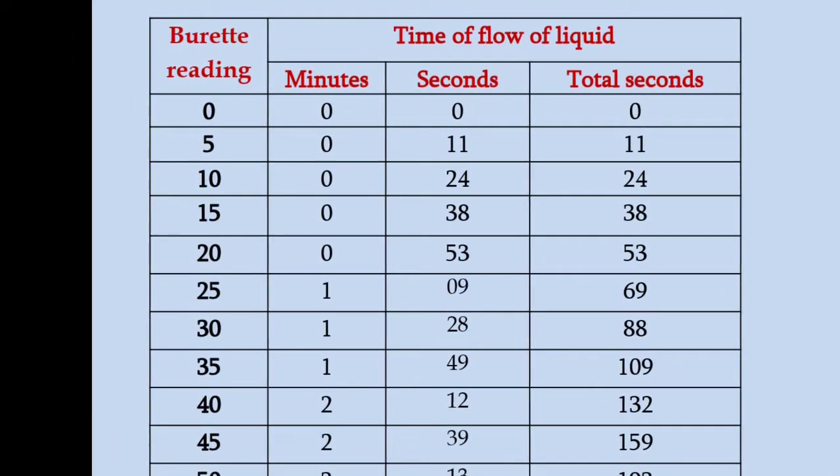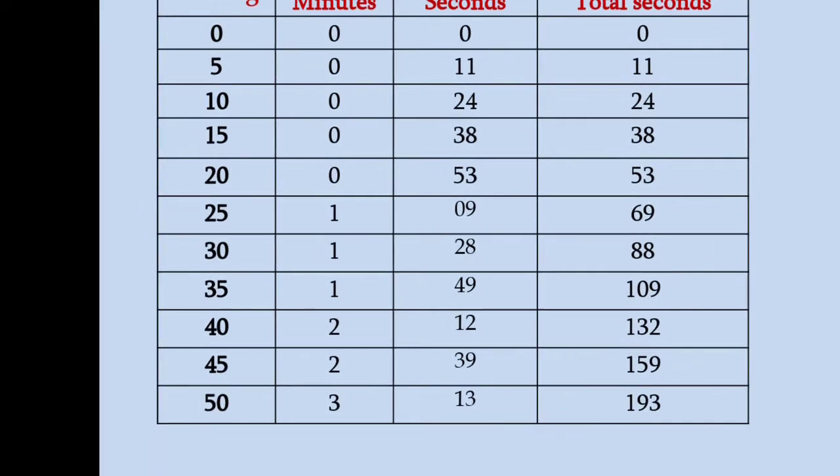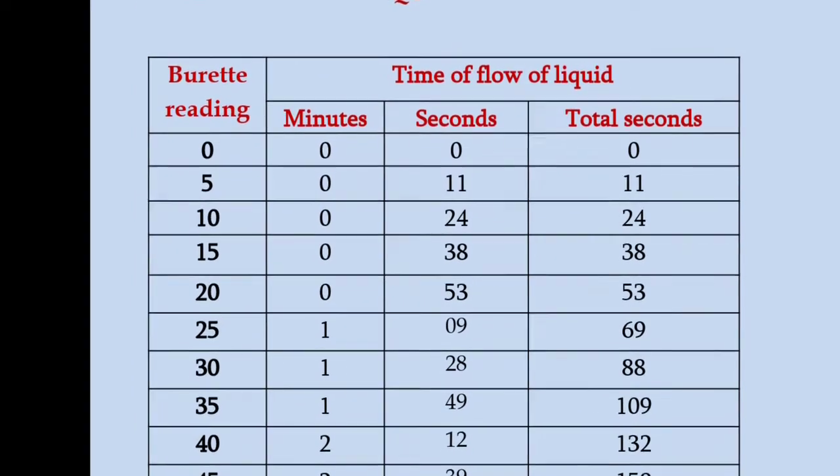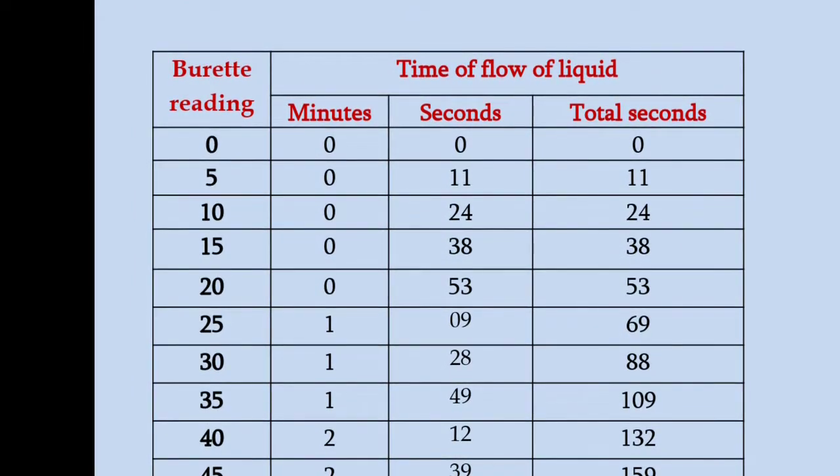In the first column we have the burette reading for the levels 0, 5, 10, 15 till 50. The next column has the time of flow of liquid recorded for every 5 cc of the burette level.